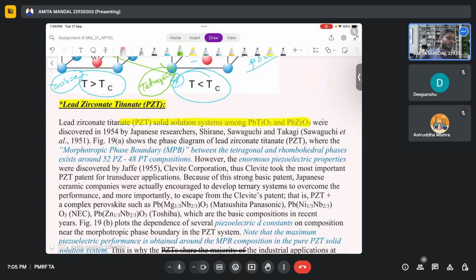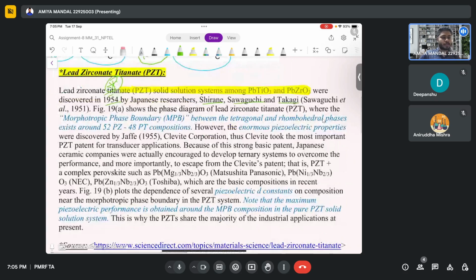It is a very famous material, discovered by Shirane and Suzuki in 1951. One main important property of lead zirconium titanate is the morphotropic phase boundary, between the tetragonal and rhombohedral phases, which exists around the lead zirconate and lead titanate composition.